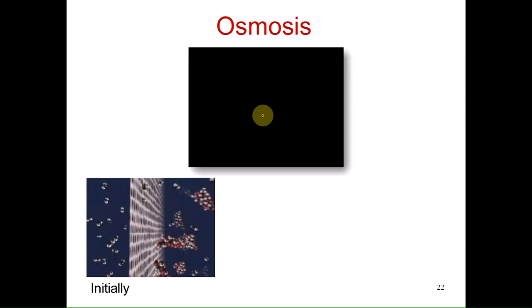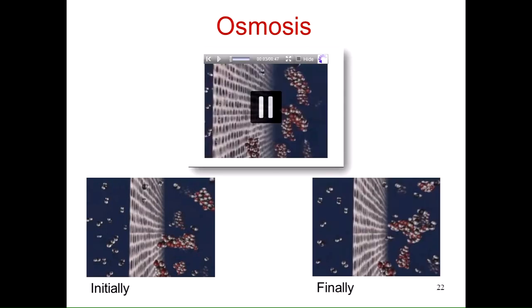Online in Blackboard, you should be able to find this osmosis video, or we may be able to show it in class. It describes what osmosis is. What you'll see in the video is initially you've got water molecules on one side of this semipermeable membrane, and on the other side you have these solute particles and just a few water molecules.